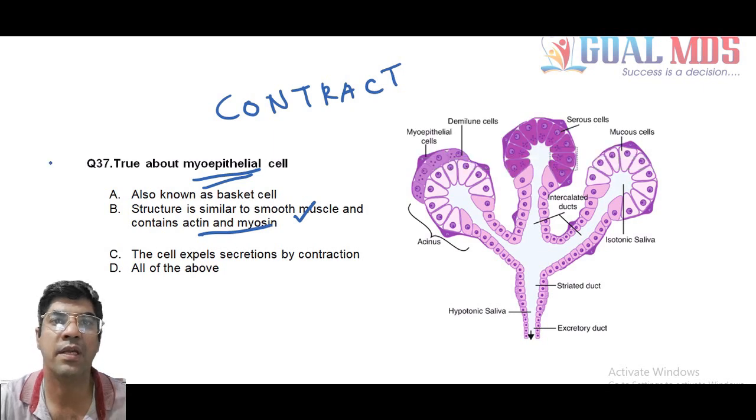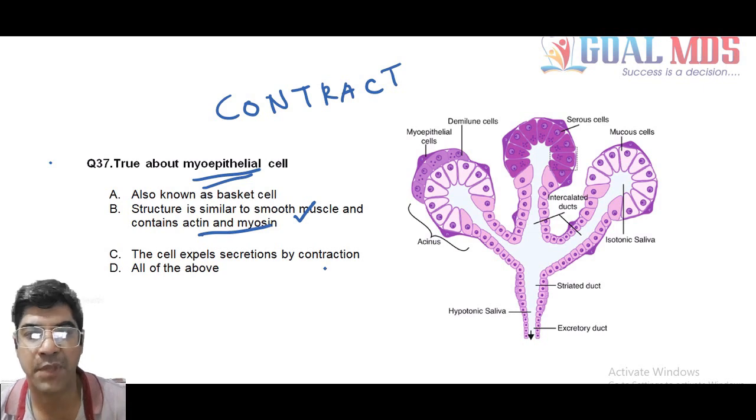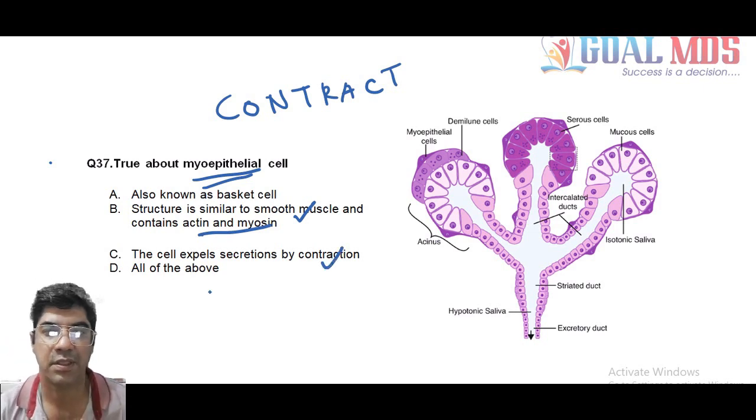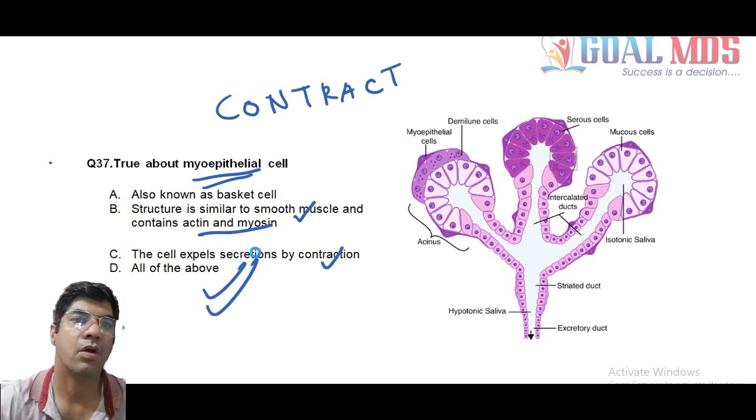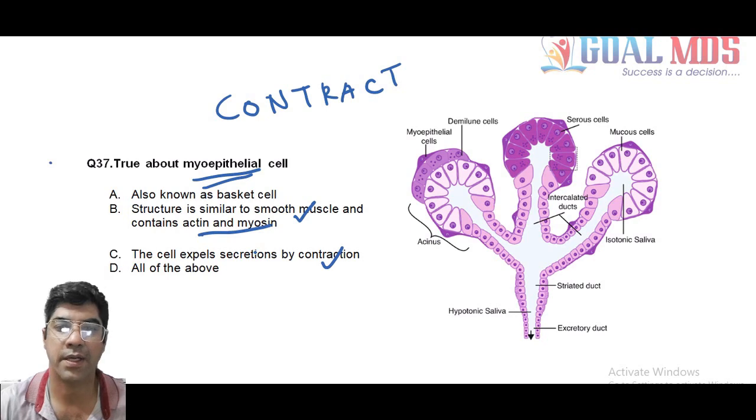So their main role is to contract and expel secretion from the glandular structures. So option C is also correct. All of them are correct.